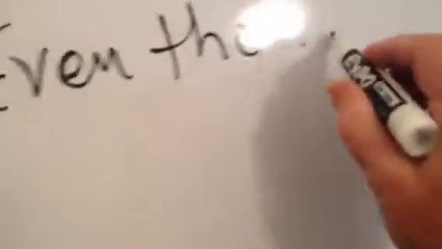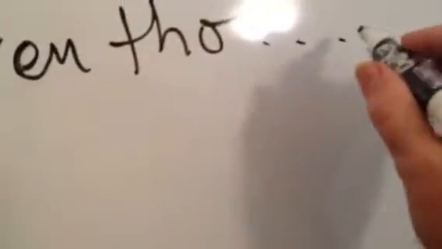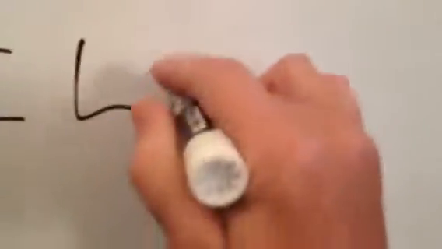We'll use shorthand: even though I have this problem, and what's the problem goes up here. So: even though I'm pissed off about a guy who ran me off the road, I love and accept myself. So that's going to be your setup statement. Even though I have this problem, I love and accept myself. You fill in the blank of what your problem is.